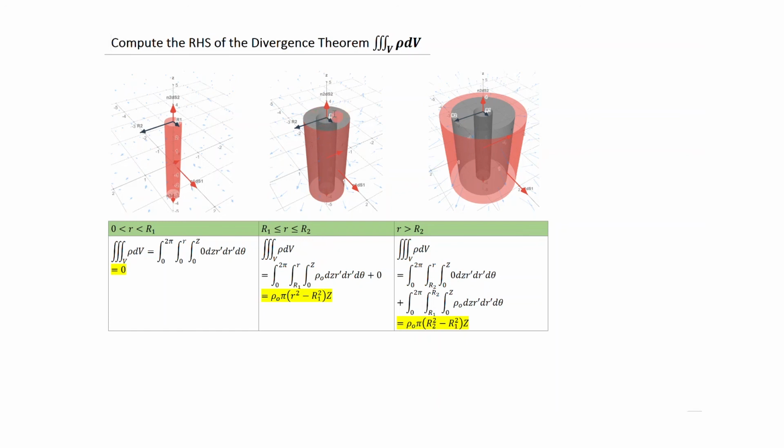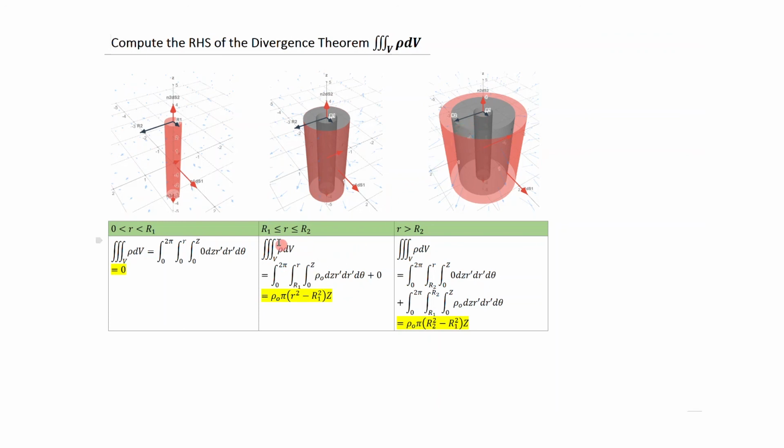We also have the additional charge contribution going from 0 to R1, but it was 0 from the previous step. So when we add these two together and do this integration, we end up with this expression. For the third case, which is when R is greater than R2, which means the Gaussian surface is outside the cylindrical shell, then we know that this integral, when extended up to R2, is the maximum value of charge enclosed that can be obtained.